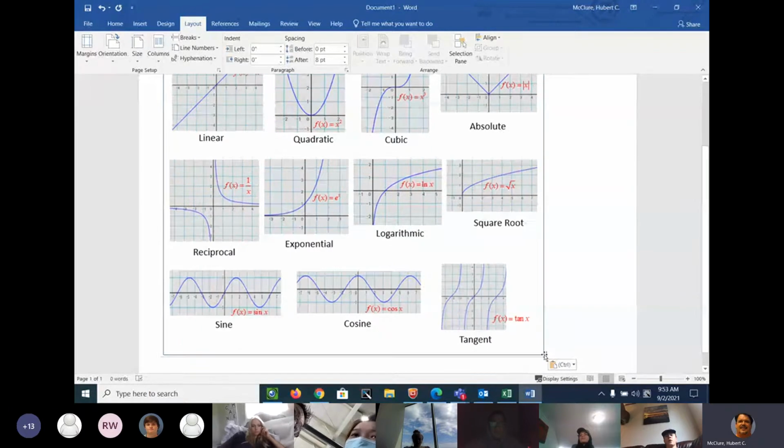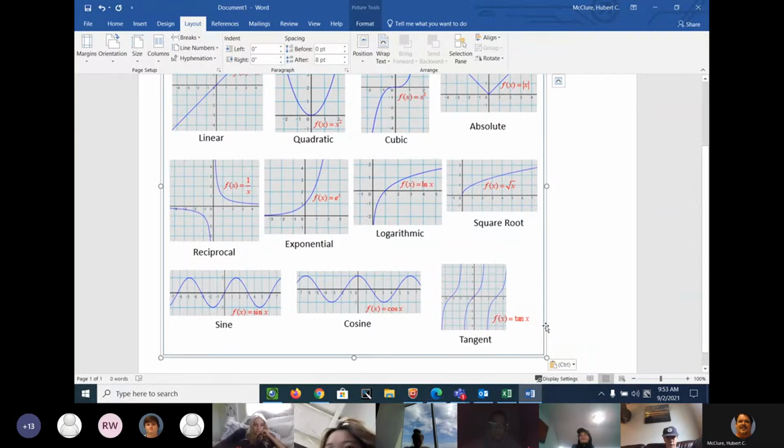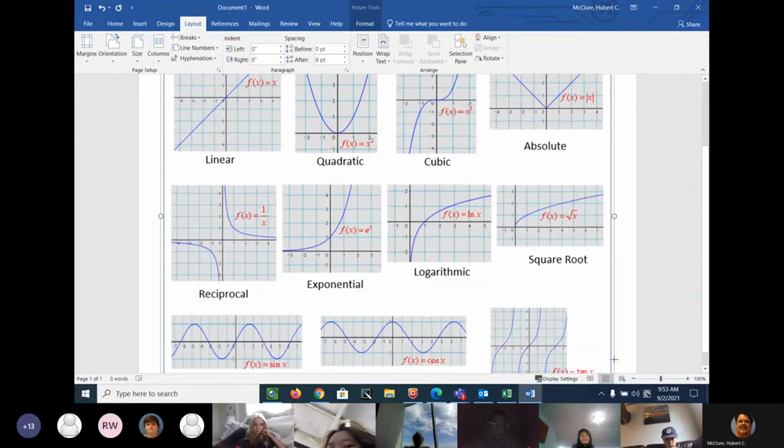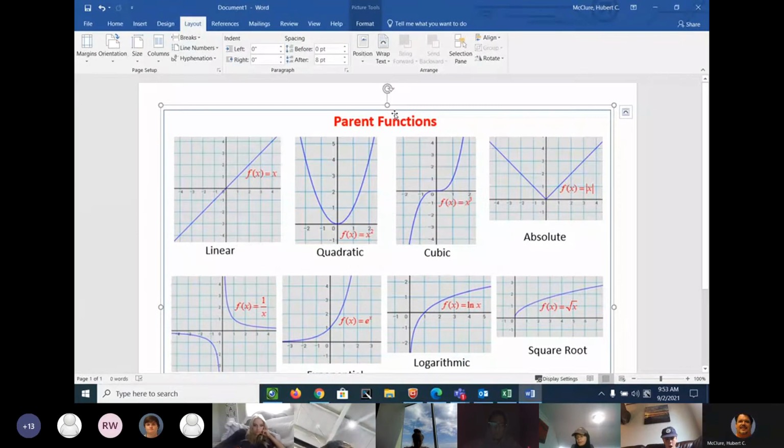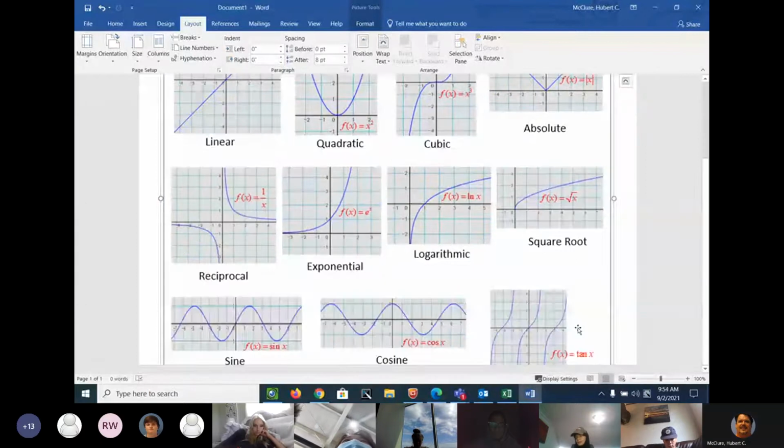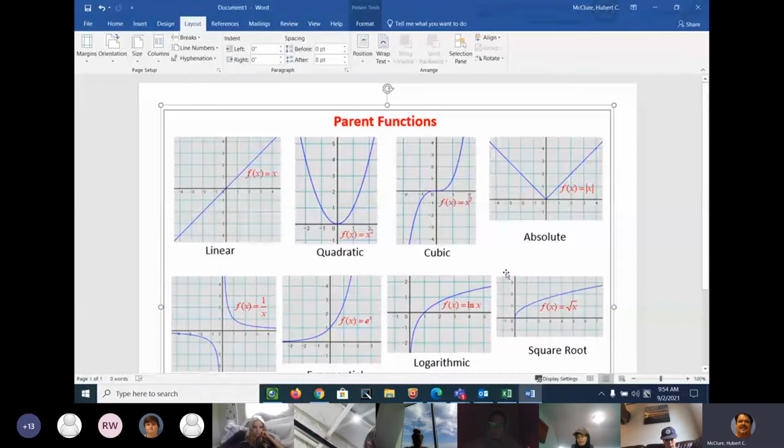So let me spread this out a little bit more. There we go. That's good enough. Let's see. Move it up. Now I can't get it to fit any better, so that's good enough for government work. And you can fix it better if you want to.